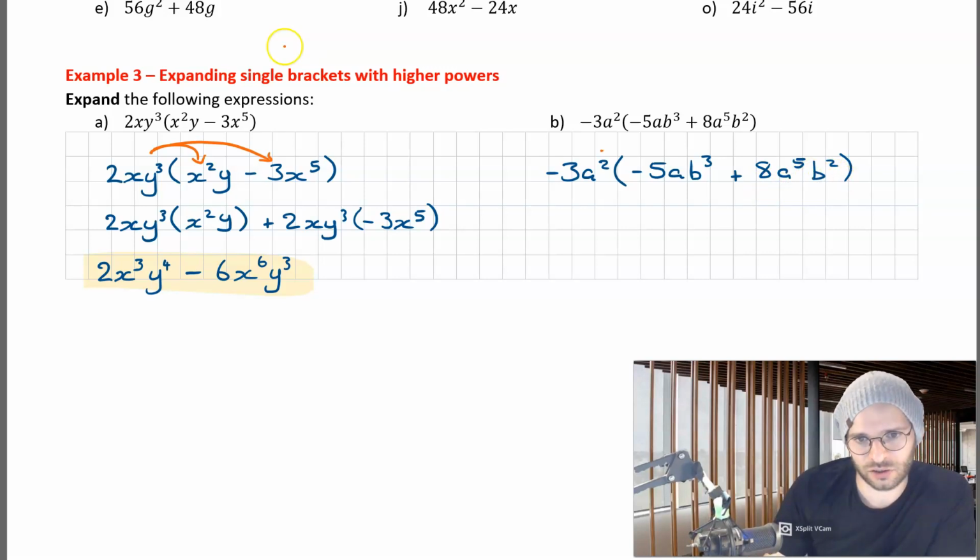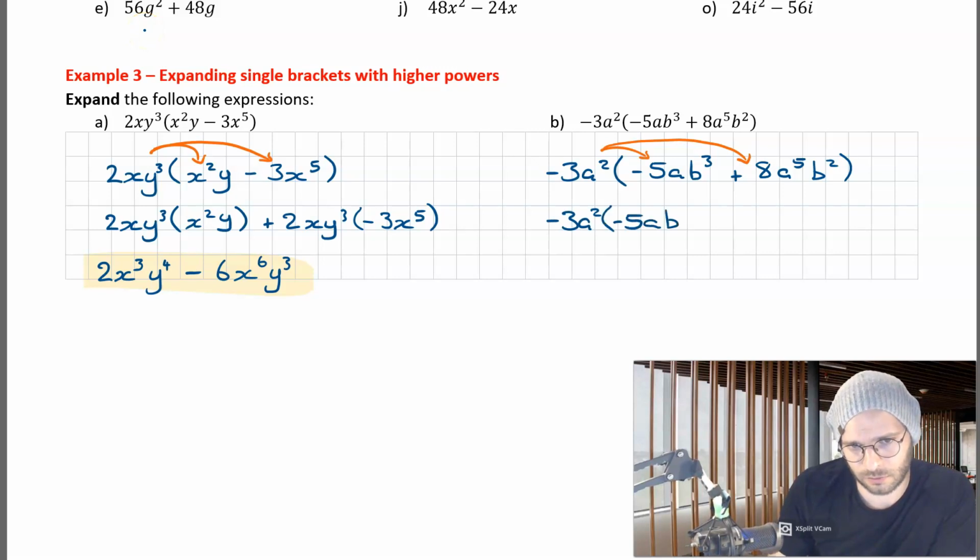Drawing in the arrows so I don't get lost. First term, second term, expanding this out, 3a squared -5ab cubed, plus, remembering that I can have that negative there with the plus, 3a squared multiplied by the 8a to the 5b to the squared.